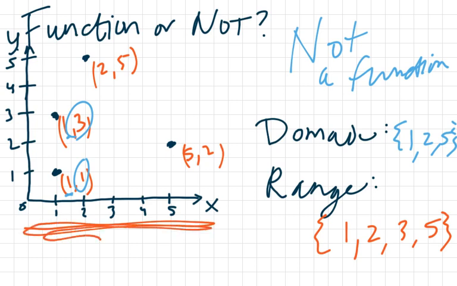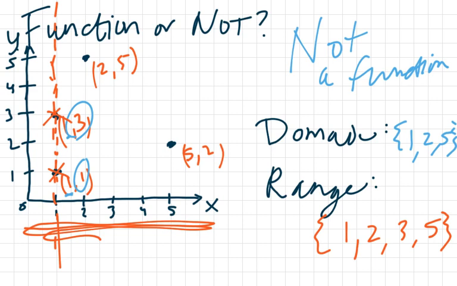And if I look here at the x value for 1, you can see that if I were to draw a vertical line going up and down, I know it's not perfect, but that these points hit that line twice. So for every x value in the domain, if we have a vertical line and there are 2 points that hit that vertical line, then that shows us that we do not have a function.